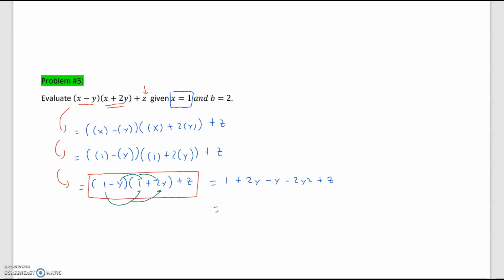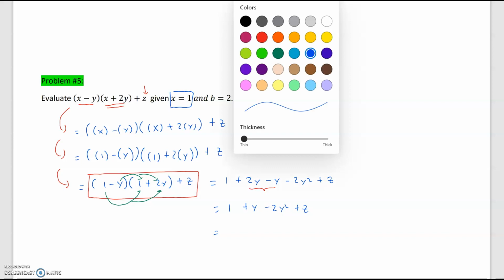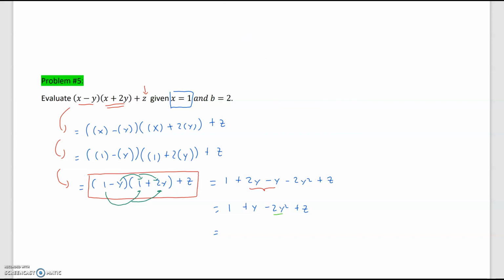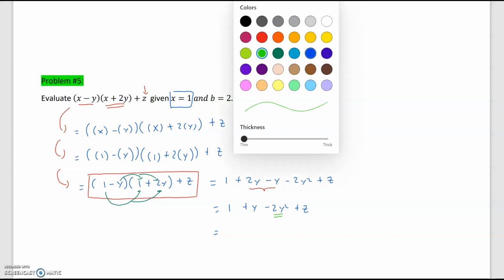And out of these, you can combine the y's. So you would have 1 plus y minus 2y squared plus z. They may also want it in descending order for later answers. So that means that we're putting the ones with the highest exponents first.